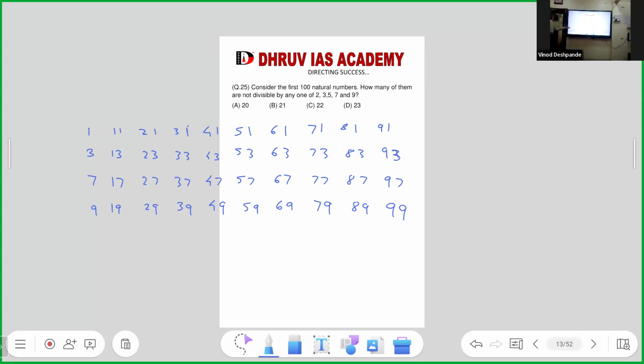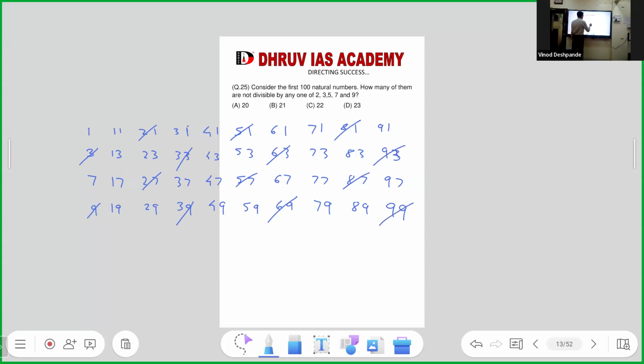Now we'll be taking out the numbers which are multiples of 3. If you take out all the multiples of 3, naturally we will take out all the multiples of 9 also. So I will just cancel out those multiples: 33, 39, then 51, 57, 63, 69, and 81, 87, 93, 99.